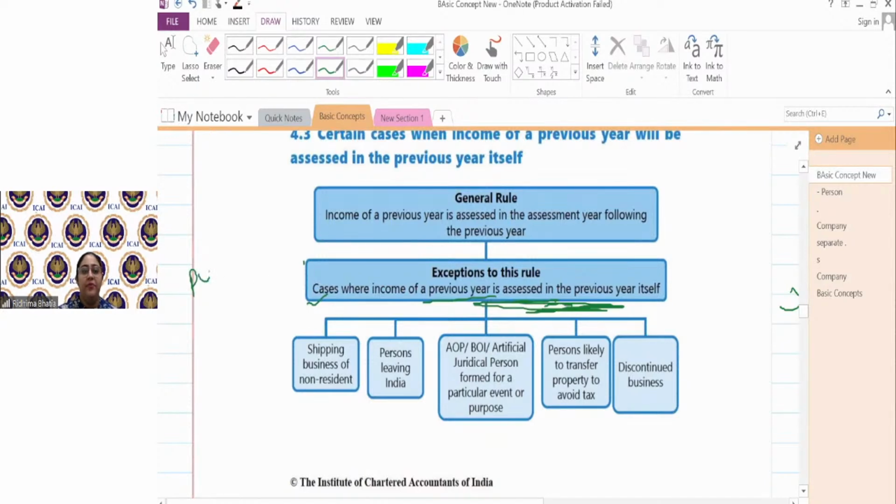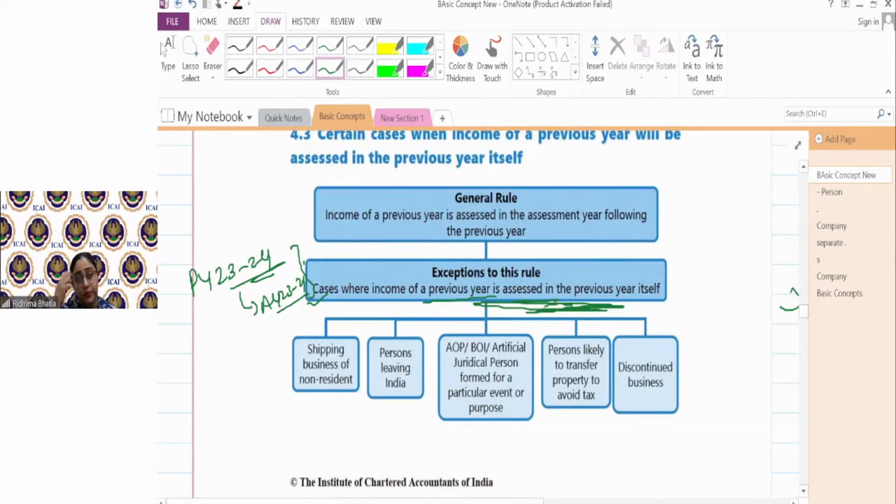That means whatever I have been earning in the previous year would be assessed, as in taxed and computed, in the same year. This is called the previous year and the assessment year being the same.